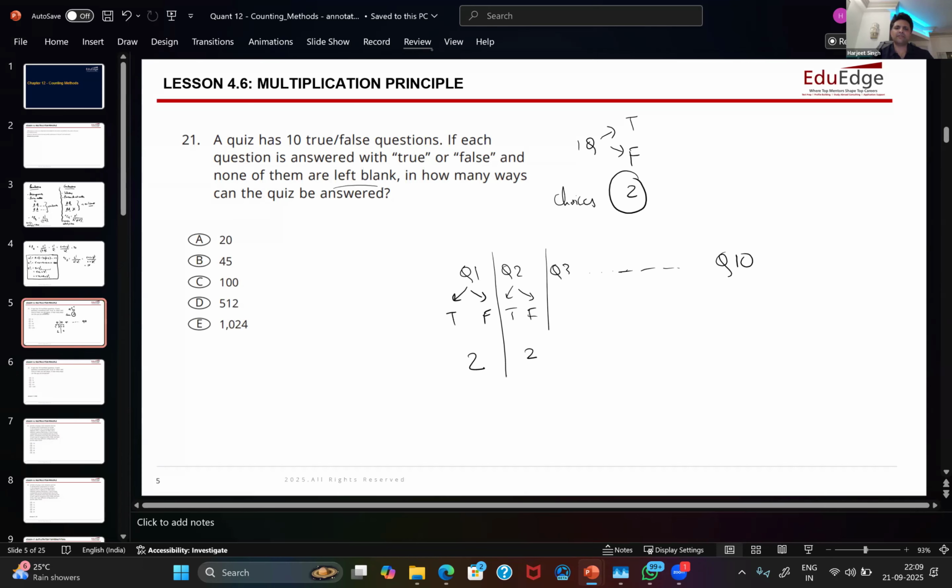Hence, every question can be attempted in 2 ways, all the way till question number 10. And hence, the final answer will be just the multiplication of each question's number of choices. So the answer becomes 2 to the power 10, that is, 2 repeated 10 times.